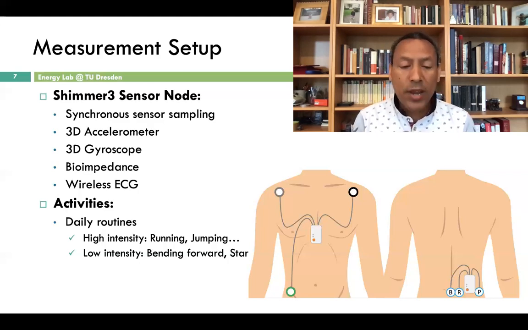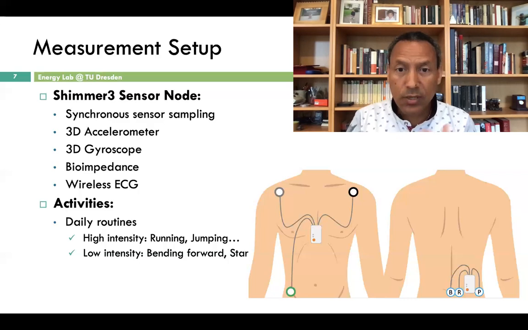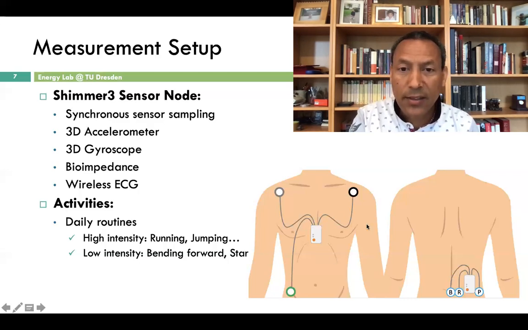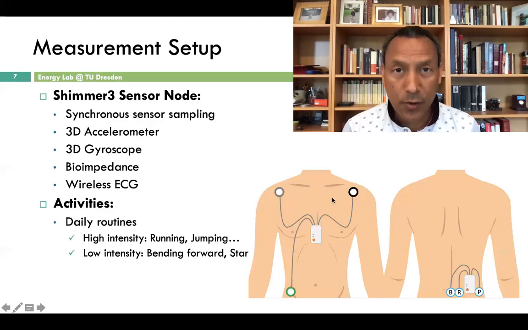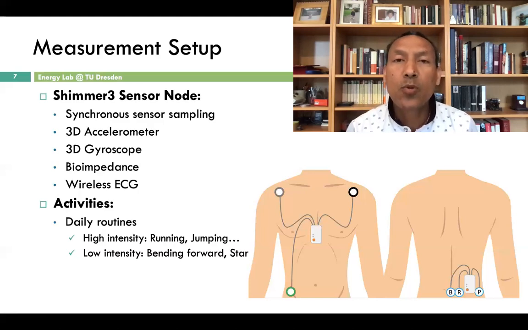So that means we can measure motion, the localized motion in the upper torso area, along with the electrocardiogram, and then try to correlate them so that we can remove the motion artifacts affecting the ECG.